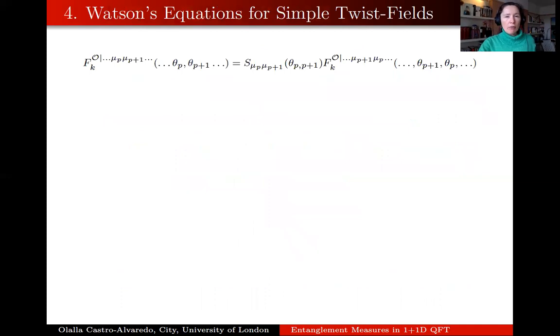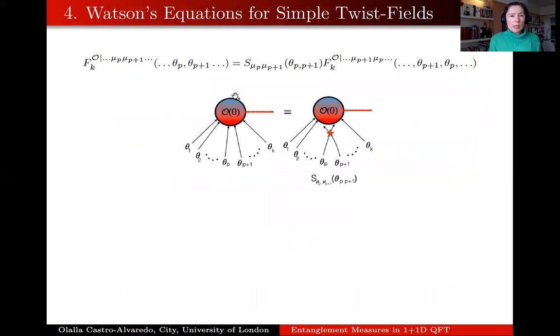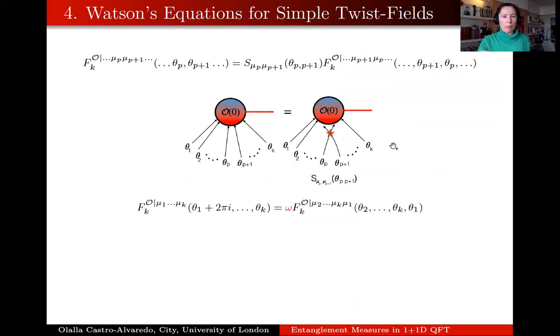If you have a standard local field or perhaps a simple twist field, the first Watson equation just says that if you exchange two rapidities in the form factor, you just pick up the scattering matrix. This is easy to represent graphically and it makes a lot of sense. If you exchange two particles, you are generating a scattering process, so you pick up a two-body scattering matrix. The branch cut has no effect on that property.